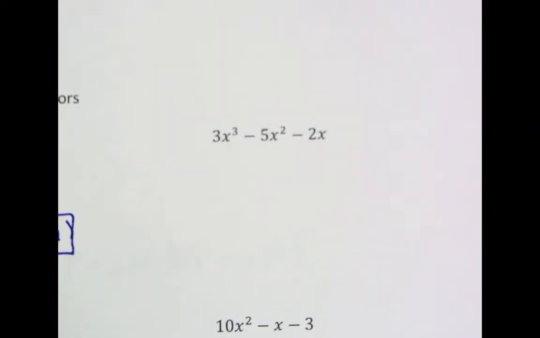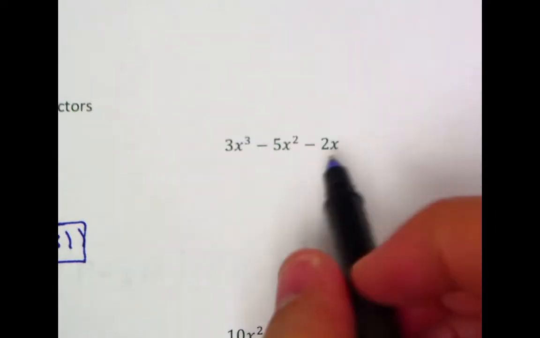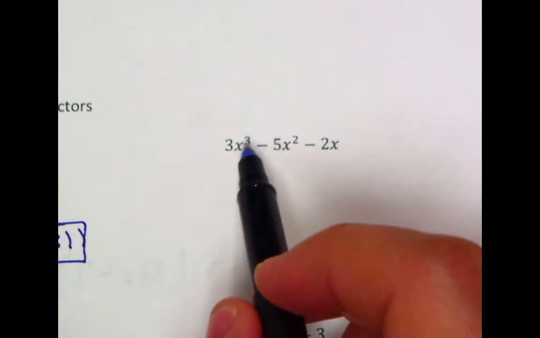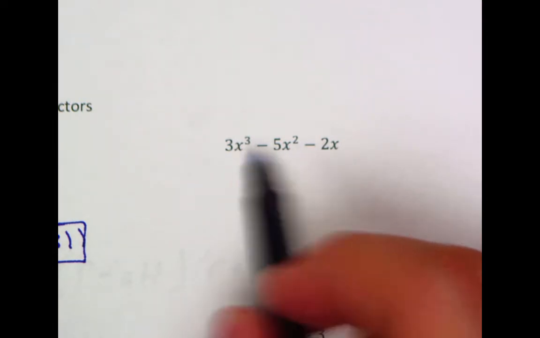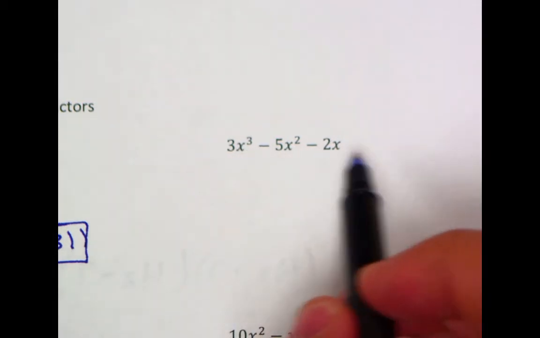Sometimes the work requires a little bit more tricks. So you can see in this problem, first of all, one thing you have to notice is this is an x to the third. That's a problem. This is not a quadratic, this is a cubic, so we can't have it like that. What you should also notice is that all the terms have an x.